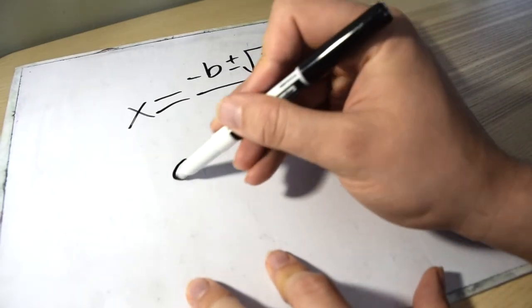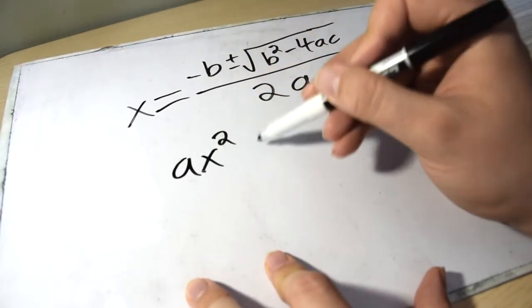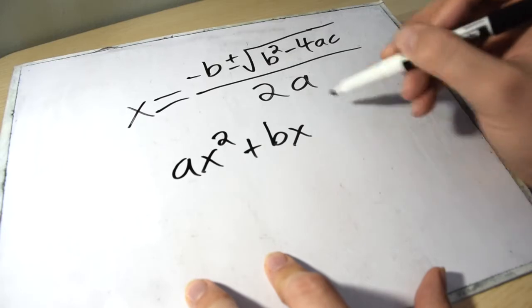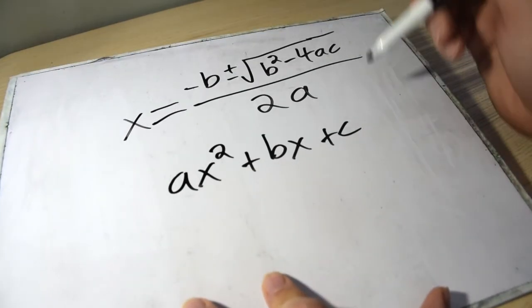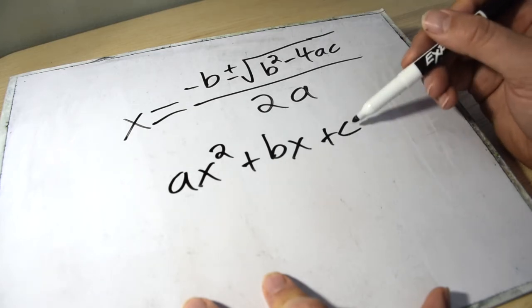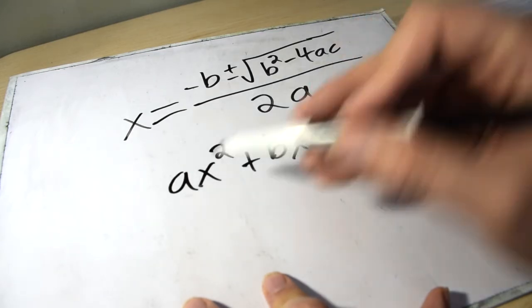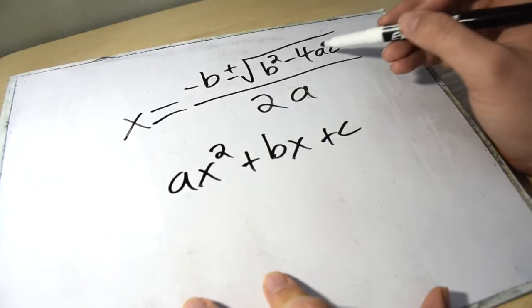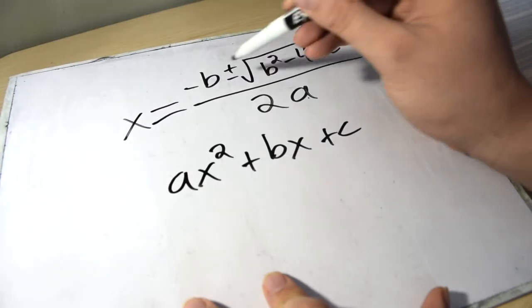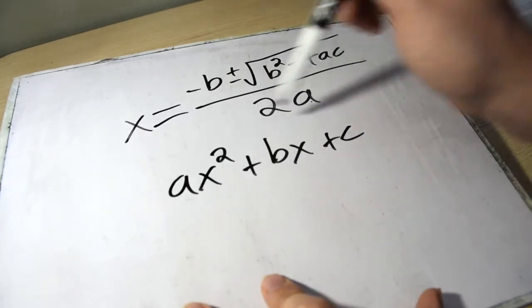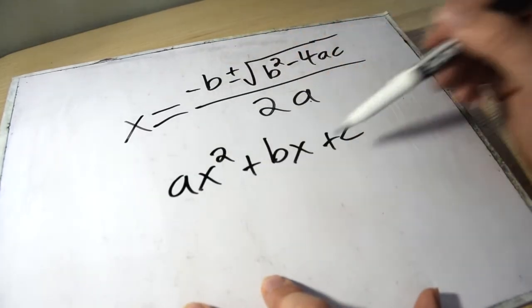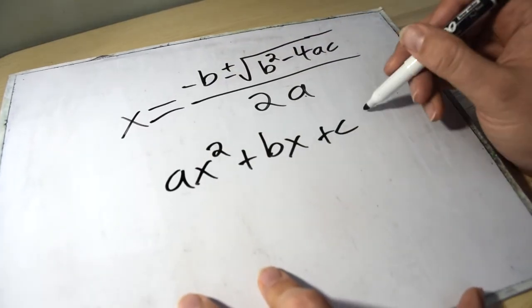In the expression ax squared plus bx plus c, this last number, c, only goes here. A goes here and here. B goes here and here. When you plug all those values in, you find a solution for x, which is kind of wild.